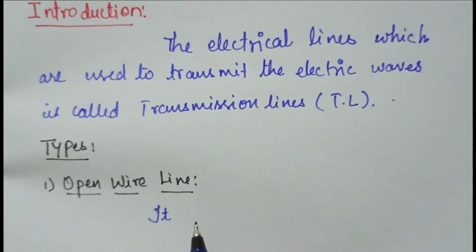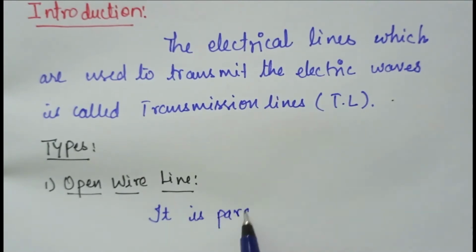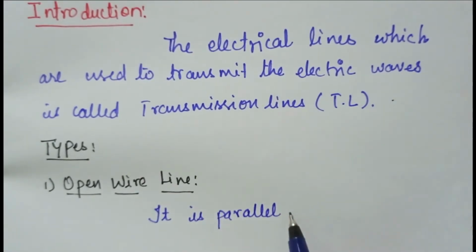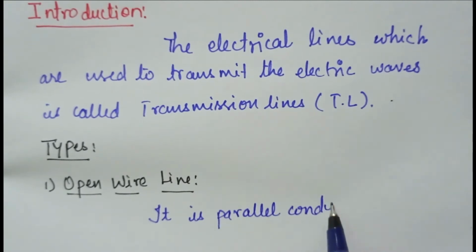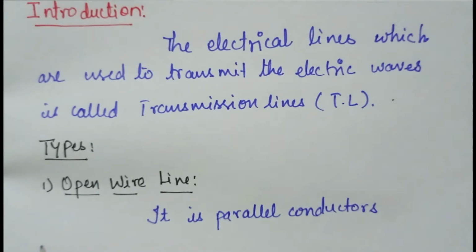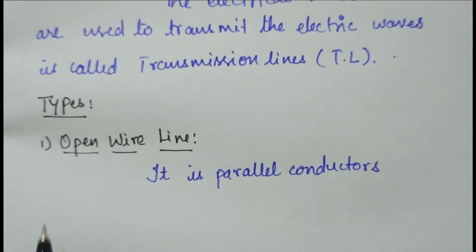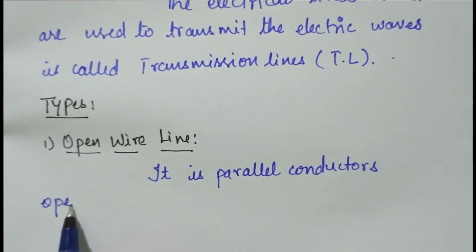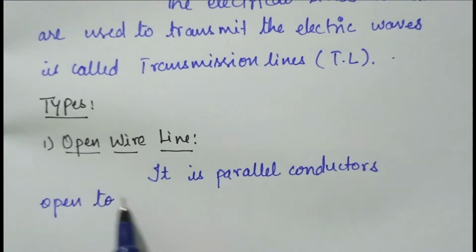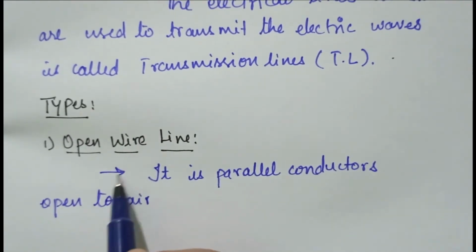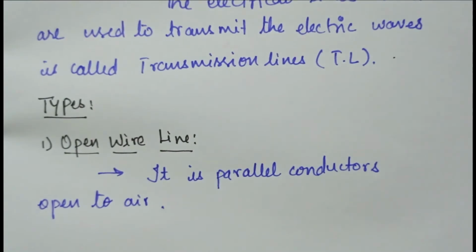So open wire line is parallel conductors open to air. This is the first point.